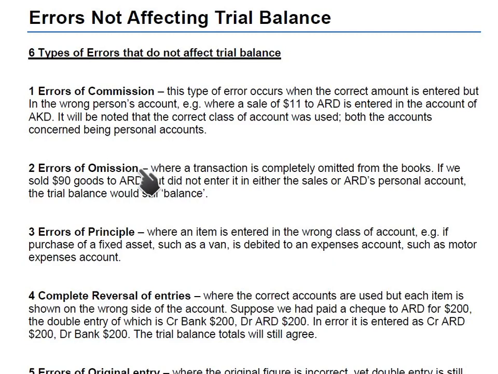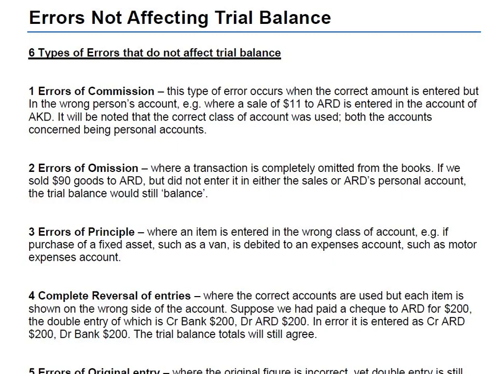So why can a trial balance not detect these types of errors? A trial balance cannot detect error of omission because the debit side is short and the credit side is also short by, for example, $90. So both sides are equal, although the totals will be wrong, but still the trial balance would be balanced.